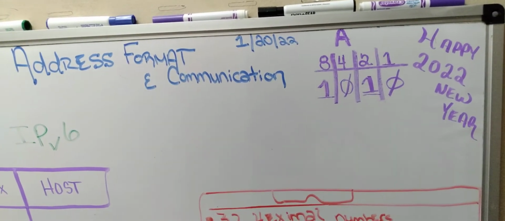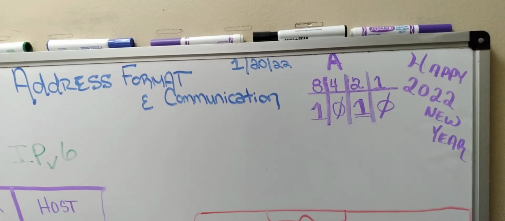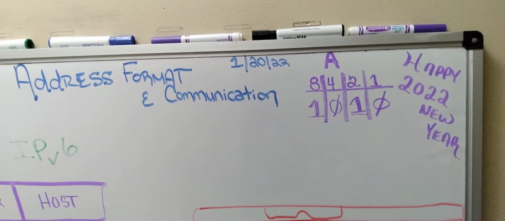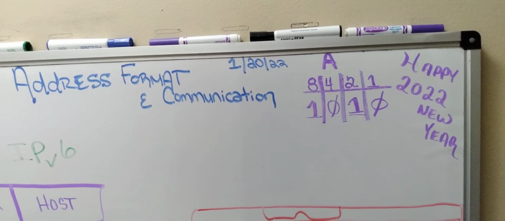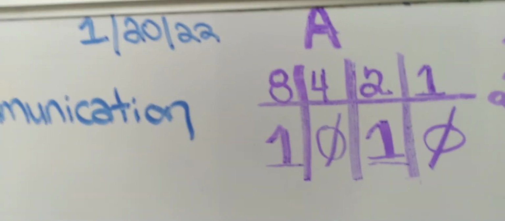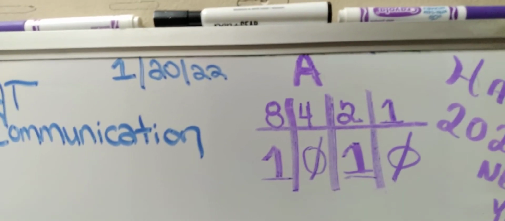As you can see on the board, let's look at the small table here, and I'll have 1, 2, 4, and 8.